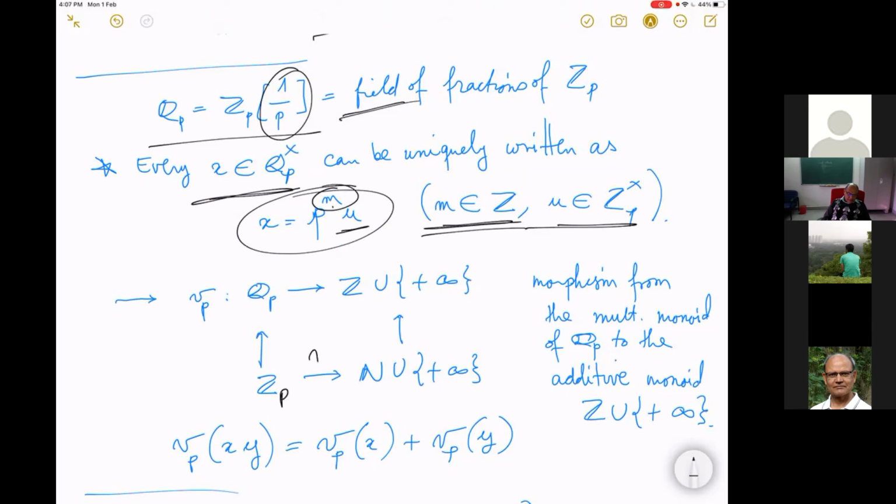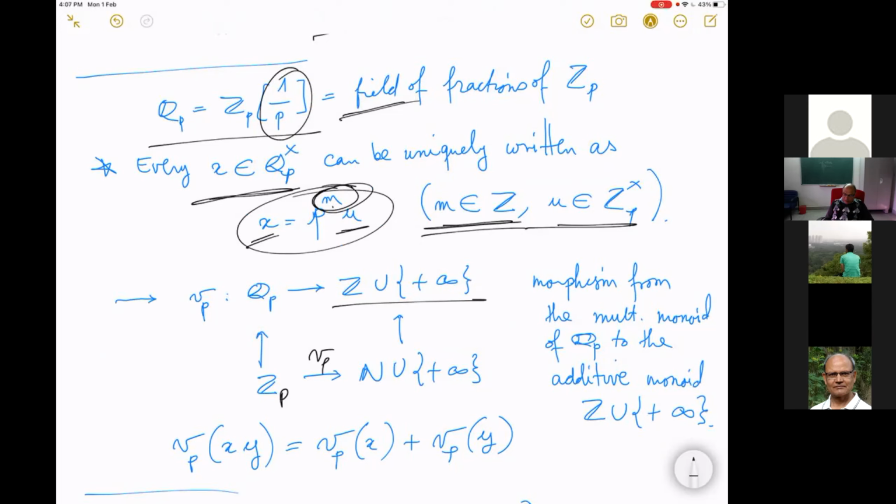The VP that we had here from ZP to N union plus infinity can be extended to a map VP from QP to Z union plus infinity by the same method. I mean, VP of an X like this is going to be the exponent M, the power of P appearing in this expression.